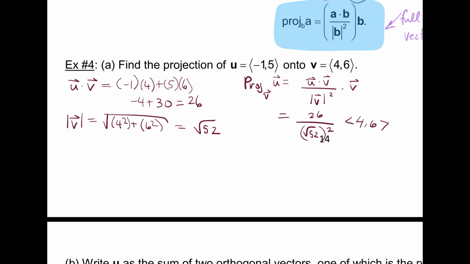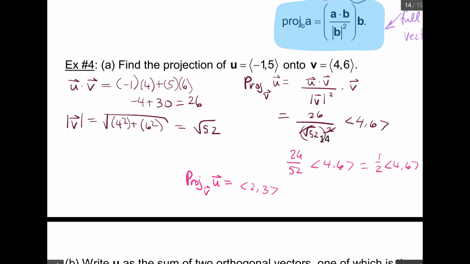So 26 over 52, because the squared and the square root cancel out. That's the same thing as 1/2 times the vector 4 comma 6. So the projection of u onto v is going to equal 2 comma 3. And I'm going to call that vector w, because u, v, w, it's the next one in line. There we go.